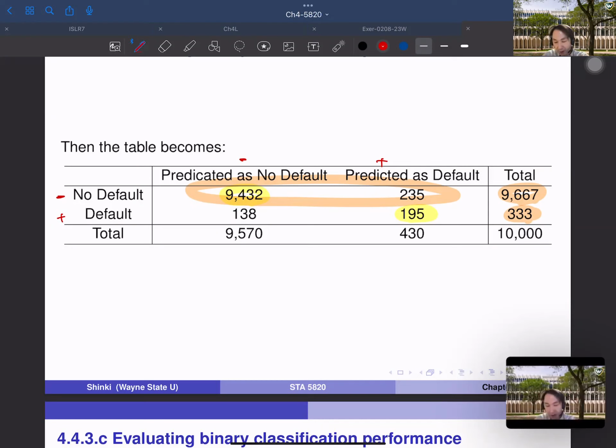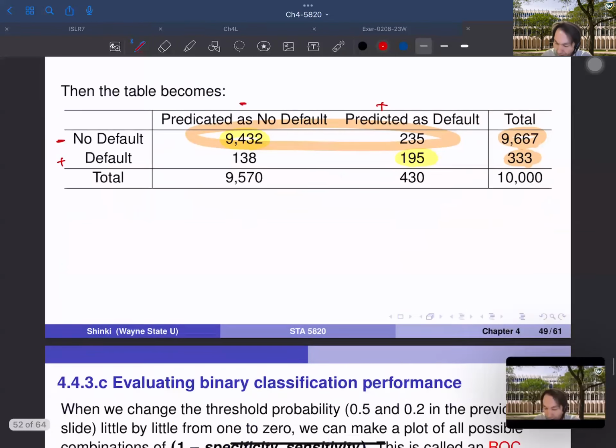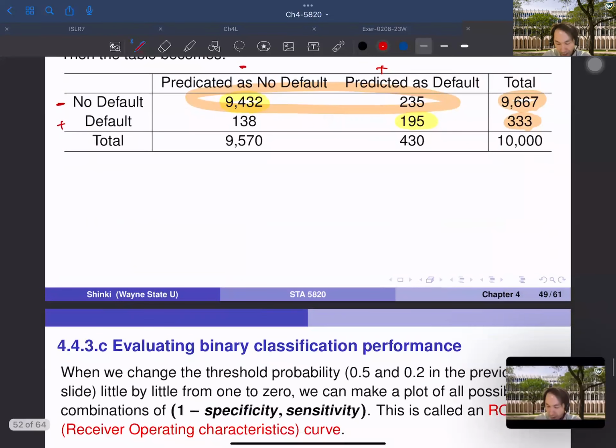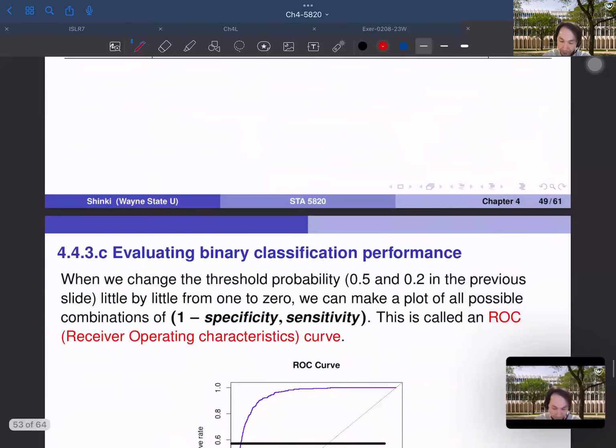But if the threshold is too low, basically we classify healthy people as patients. So we have the trade-off between the two errors: higher sensitivity or higher specificity.